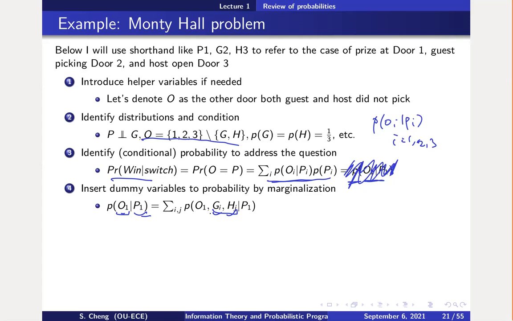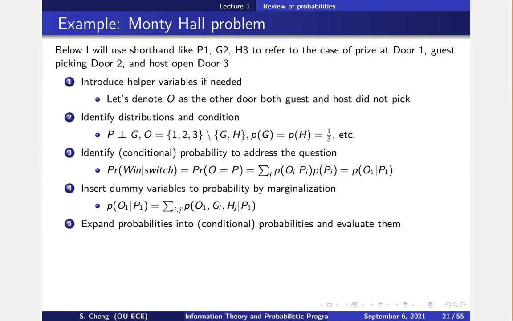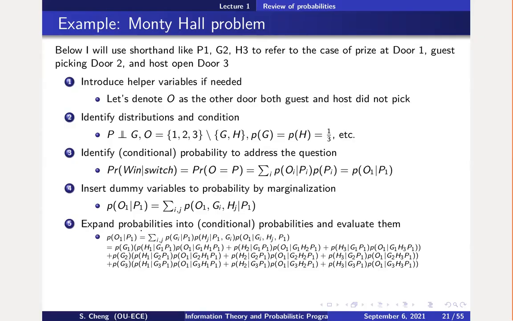So therefore, I try to introduce these variables G and H into the formula there. If I introduce that, I can sum it out again. So I put G_i, H_j here. I need to sum them out, and then I try to expand that. This will be a little bit long, but note that this is nothing really special. Here again, I'm just using Bayes' rule.